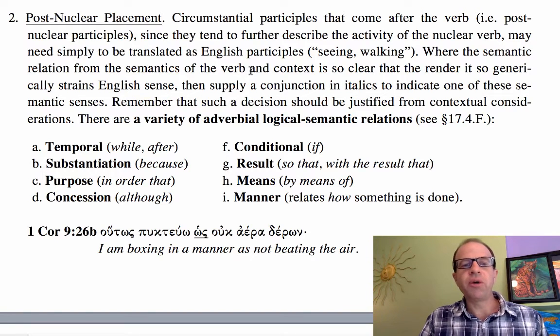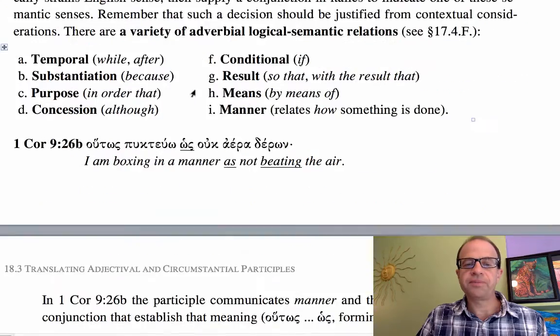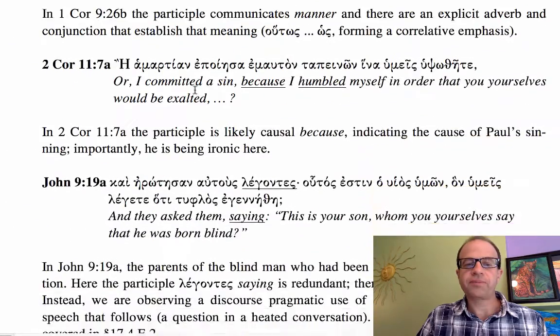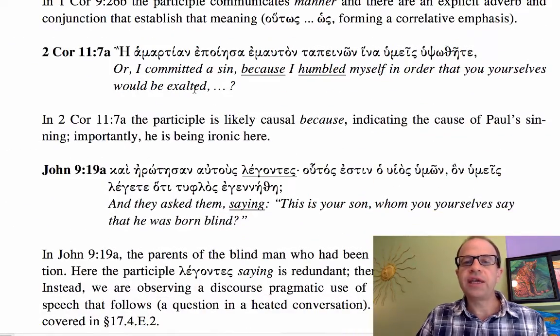And so here are some words that can indicate time, temporal relations, purpose, substantiation, concession, condition. These are conjunctions that help communicate those adverbial relationships in English. And you can see the different examples here.